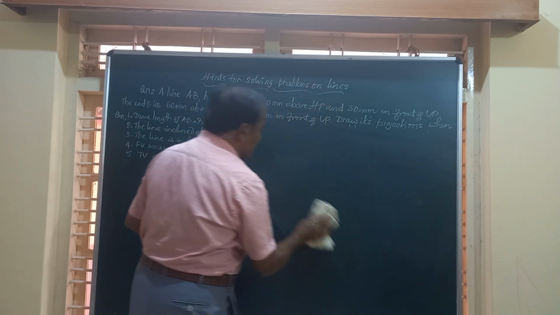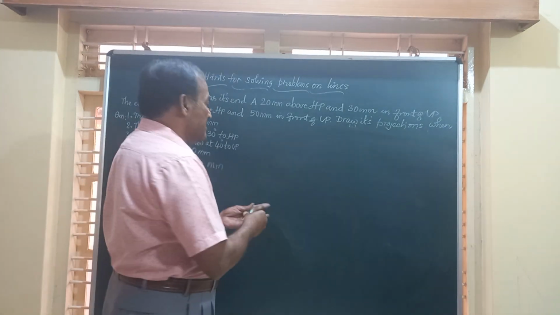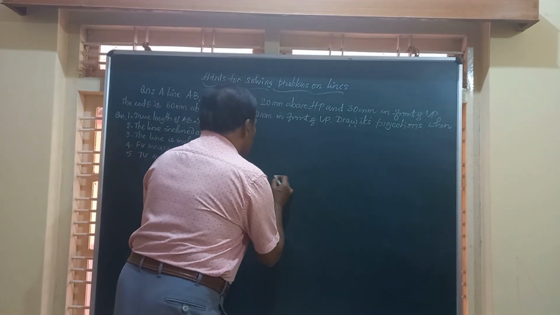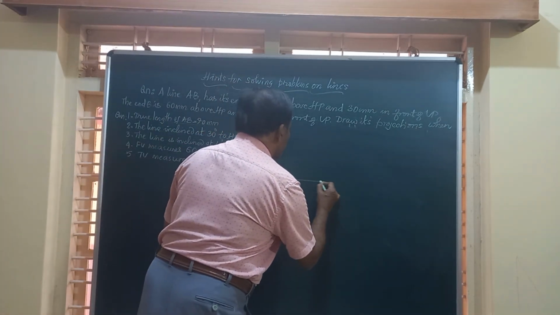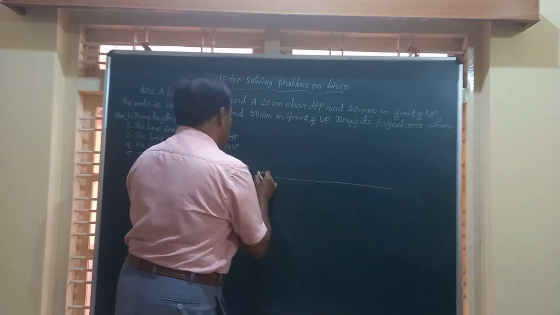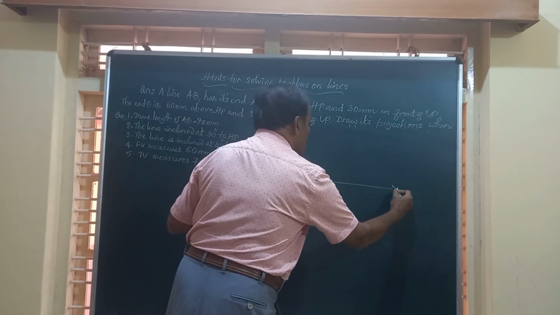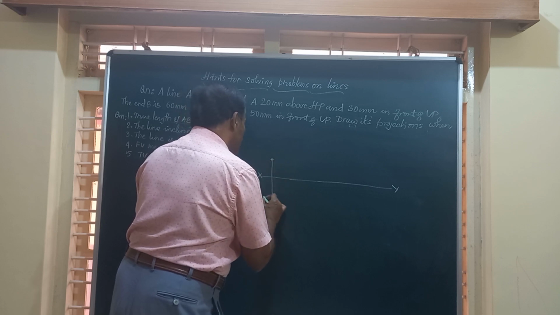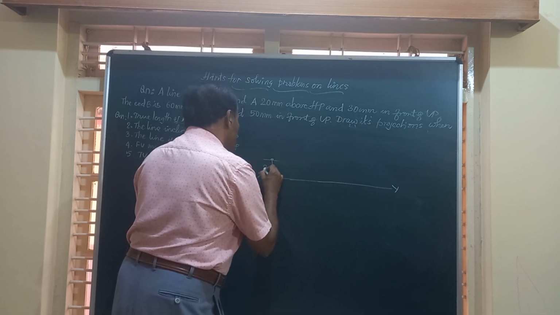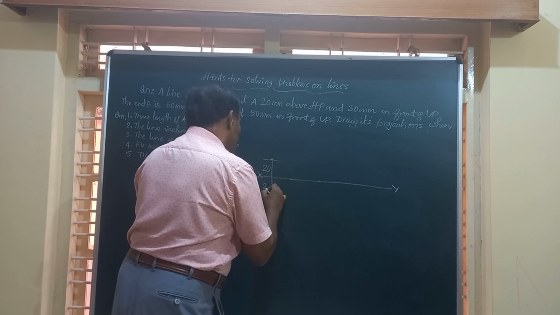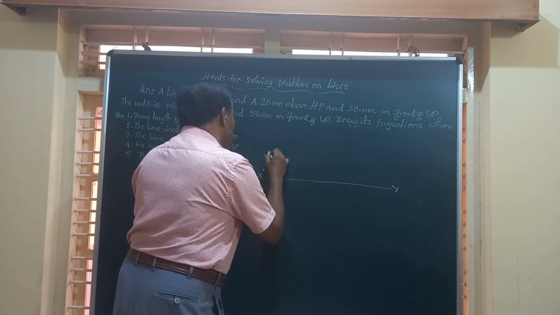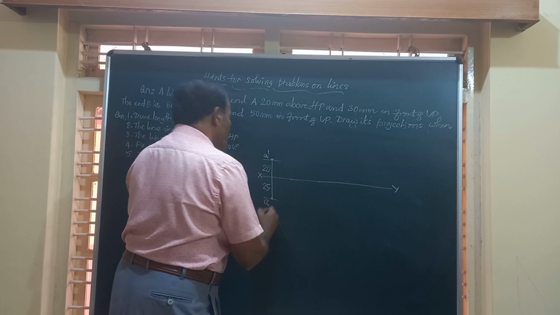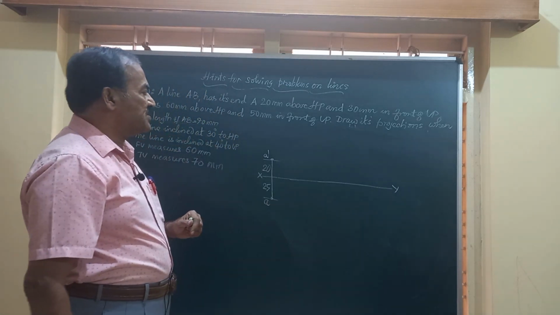Before that, let us retain the first part we wrote, that is the loci of the ends A and B. So XY as usual, point A is 20 mm above HP, and this is 25 mm in front of VP. So this is common, 20 and 25. Points A dash and A are the front and top views of this end.